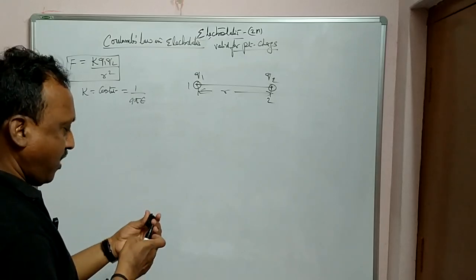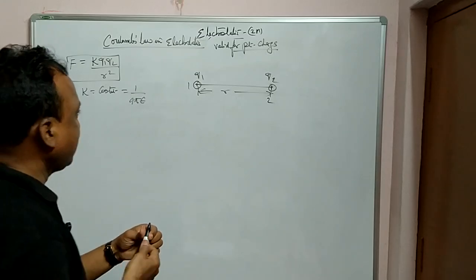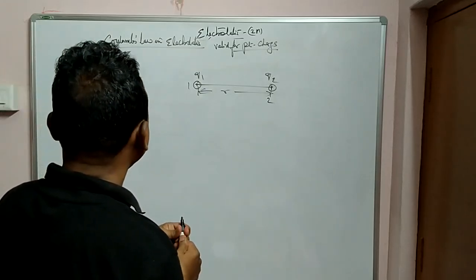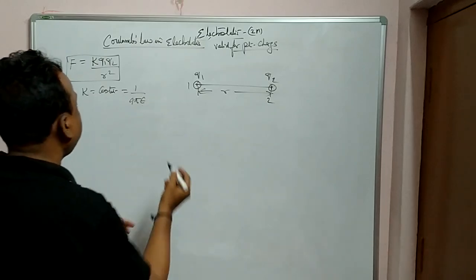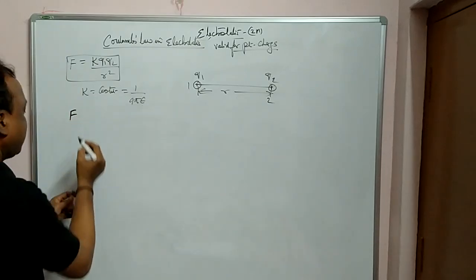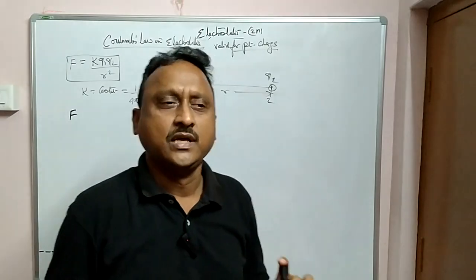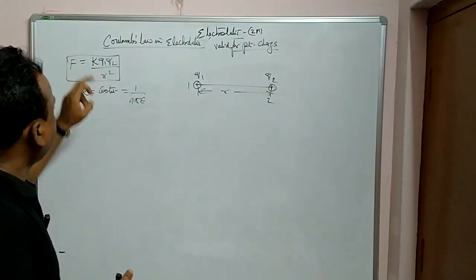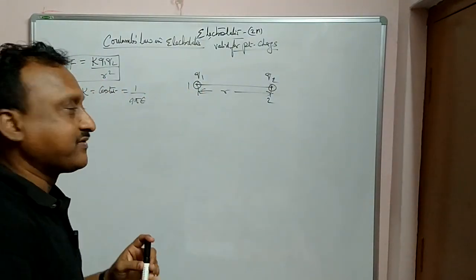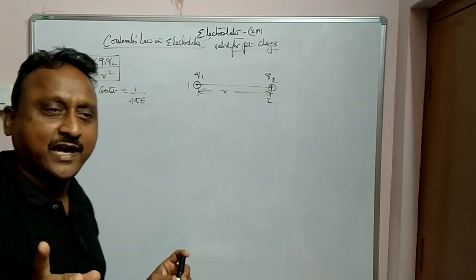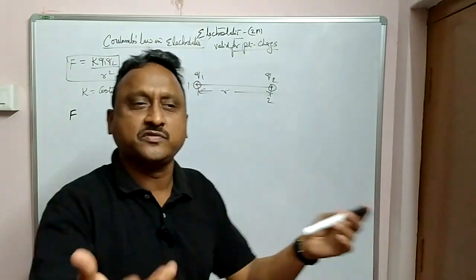And we also know the property. What is the property here? Already in gravitation, I told you gravitational force is attractive. But here Coulomb's force is attractive as well as repulsive, because two like poles repel, unlike poles will attract.